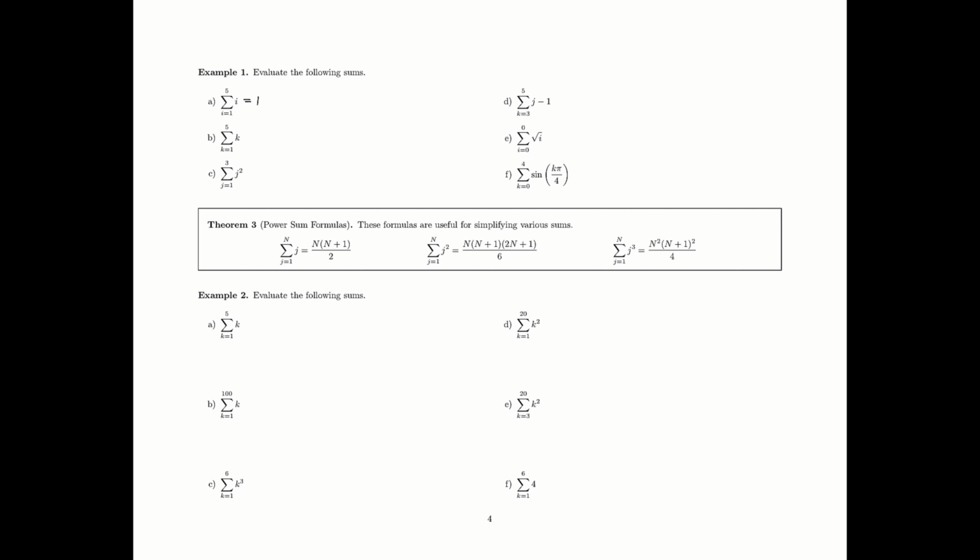Then we increment, so this is the I equals 1 term, plus the I equals 2 term, so 2, plus 3, plus 4, plus 5. Because this is our stopping point, we take I from the initial value all the way to the final value, plug it into the expression, and then add it to the next value of I.